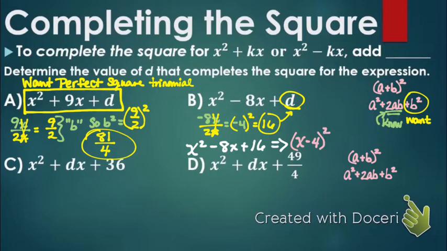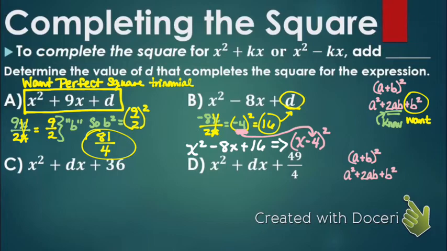What do you notice about the relationship between how that factors and what we did to find that value for D? Where else did you see that minus 4 show up? That's what we needed to square. This value right here, when we took that middle term and cut it in half, chopped off the x, that will be this piece right here.